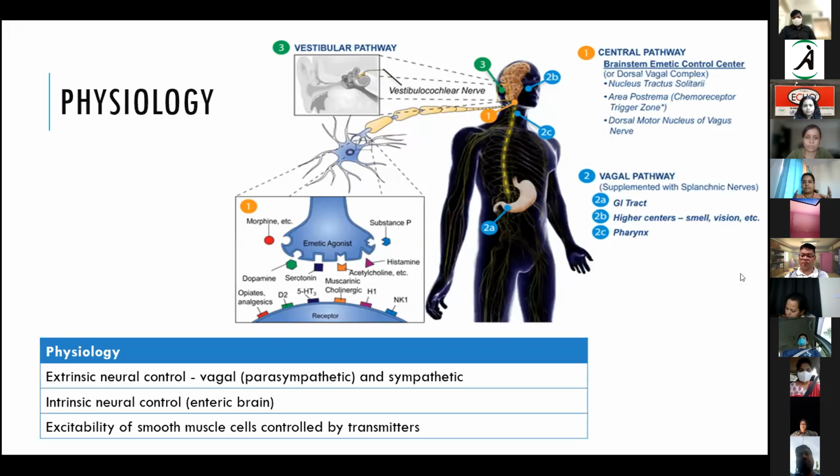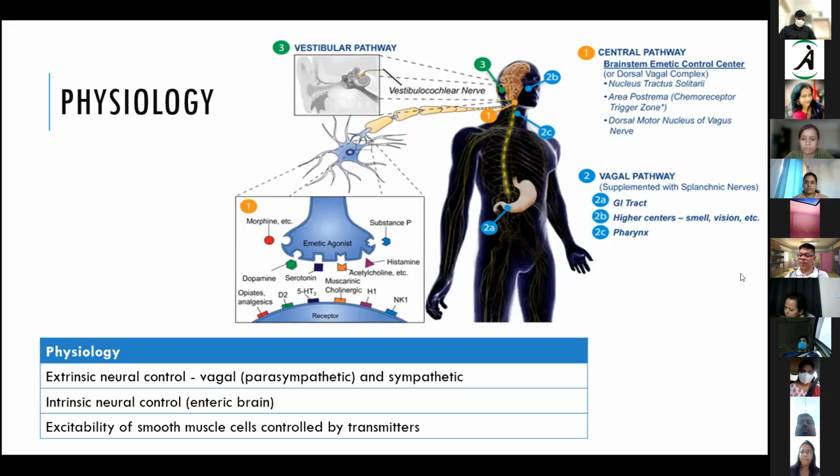This forms a complex in the area. Whereas the vagal pathway is more from peripheral stimulation, that is from the GI tract, from higher centers triggered by the smell or sight of nauseating things, or through the pharynx, or through the vestibulocochlear nerve in the vestibular pathway.